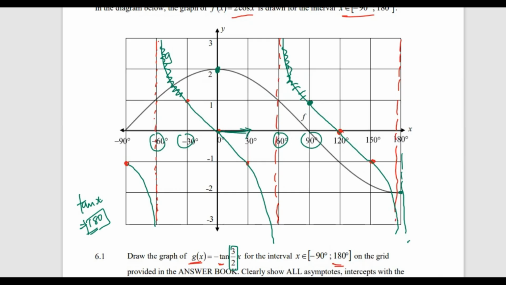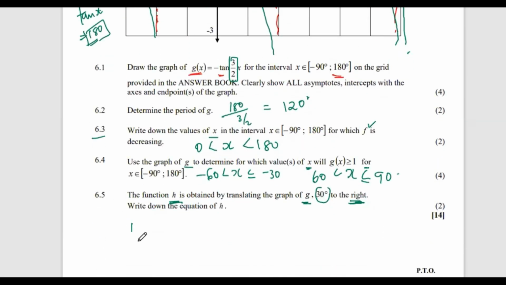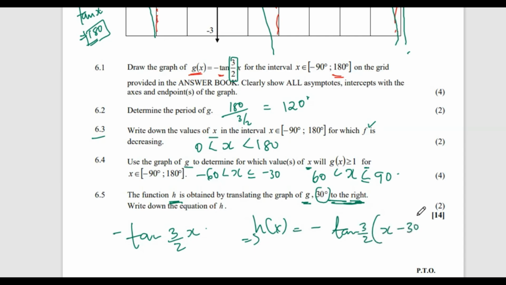That's not really relevant to us now, but let's just look at the equation itself. So it's going to be negative tan. Remember, it was 3 over 2 x. Now, if you shift the graph to the right, you subtract a bit from there. So h of x is going to be negative tan 3 over 2 with the x, I'll say x minus 30. That would be my equation.